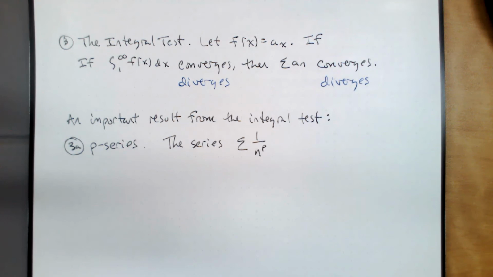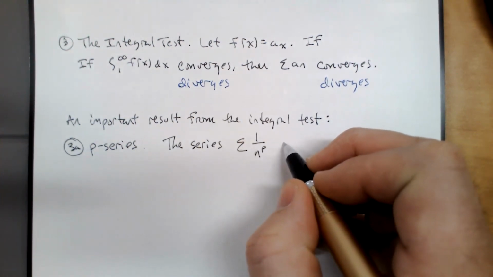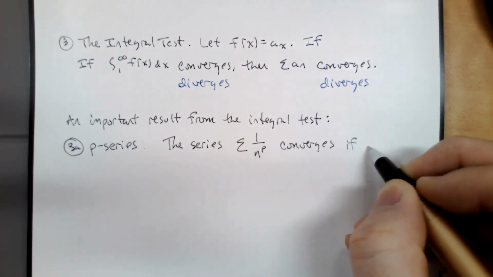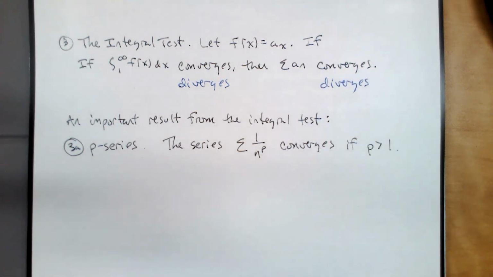So this is a series with a specific form. So far, we've been looking at series with a_n, a generic term. This one has a specific form. The series 1 over n to the p converges if p is greater than 1 and diverges if p is less than 1.